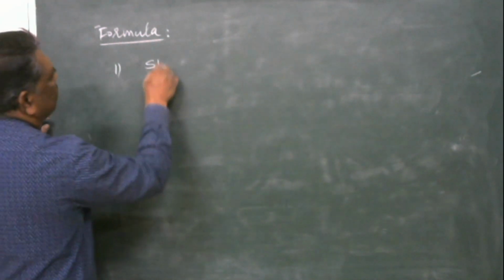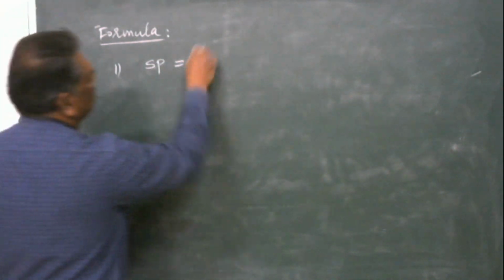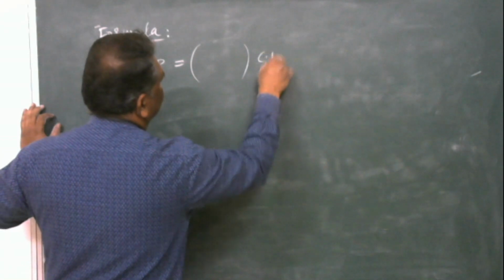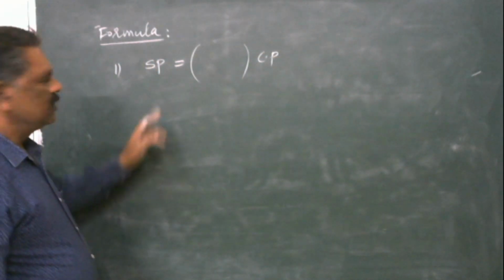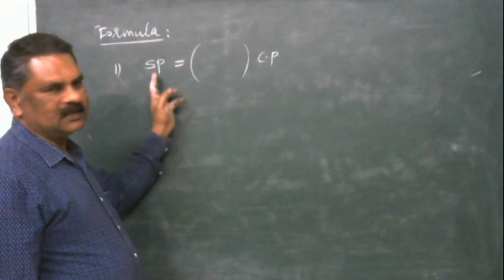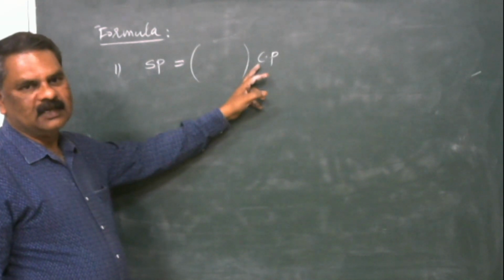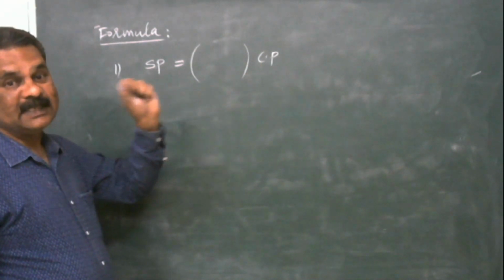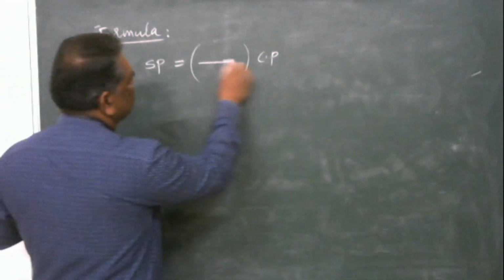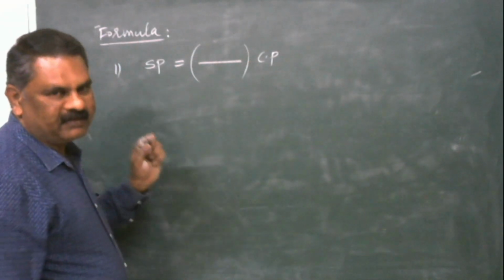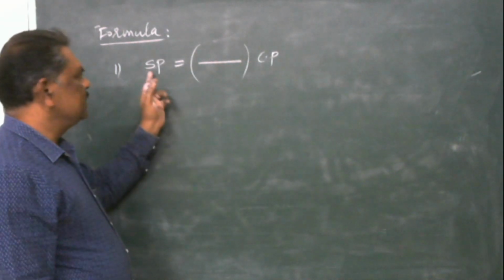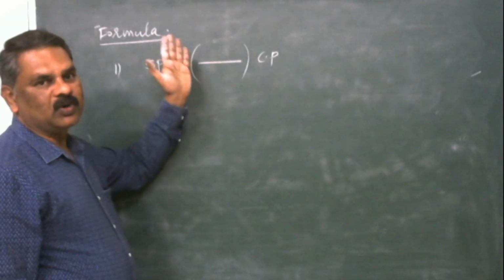Suppose if you want to find the selling price and we know the cost price, and profit percent is given. Whenever profit is there, selling price will be more.